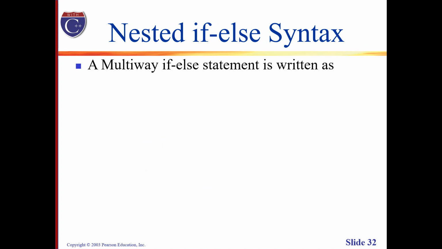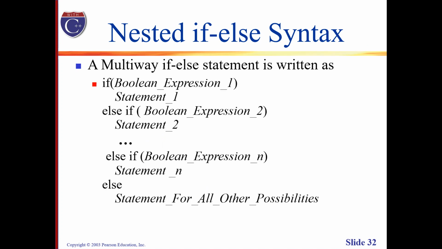So, what is the standard syntax for an if-else statement? In this case, a multi-way if-else statement would have the following syntax. As you can see here, we have the if keyword followed by your Boolean expression enclosed in parentheses, then your statements.